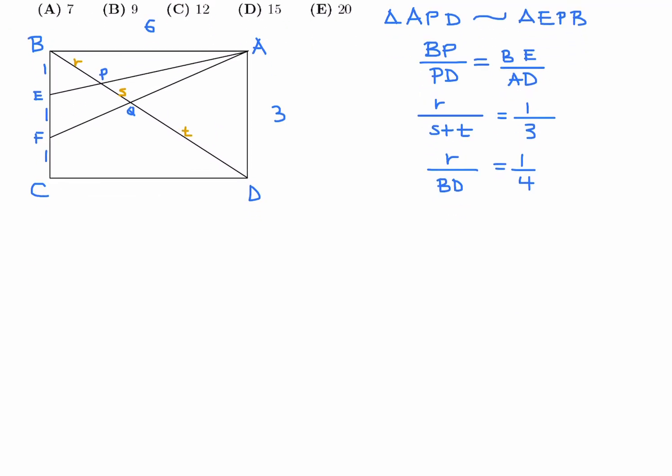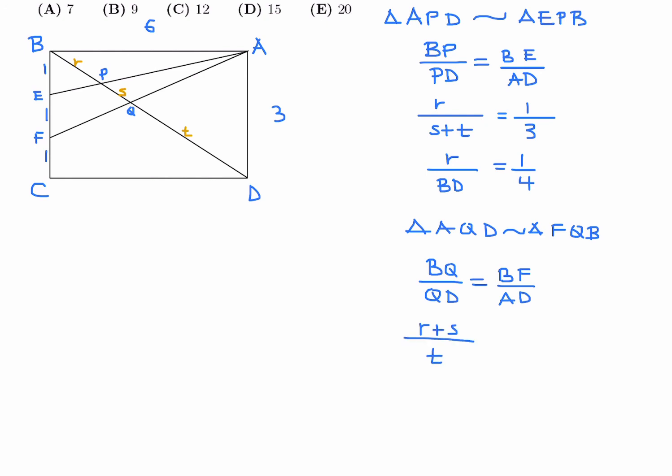The second similar triangles relationship is with triangle AQD, that being similar to triangle FQB. And therefore the ratio of the sides are equal. BQ over QD is equal to BF over AD. So BQ is R plus S over QD, which is T, and that is equal to BF, which is what? 2, and AD is 3.